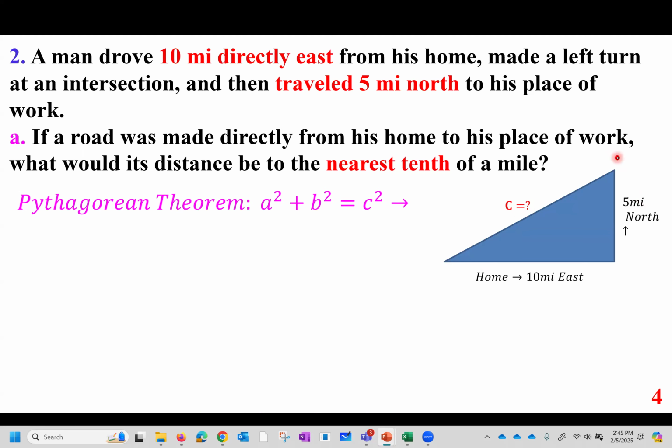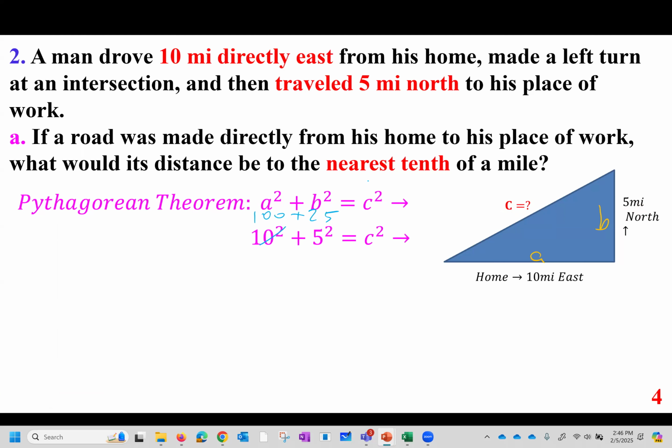So let's say this is a, this is b. And so 10 squared plus 5 squared equals c squared. This would be 100 plus 25.